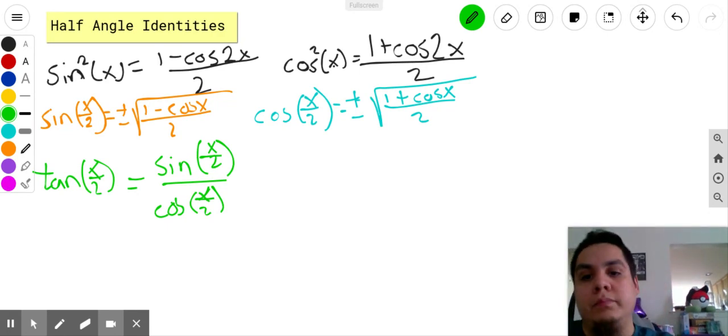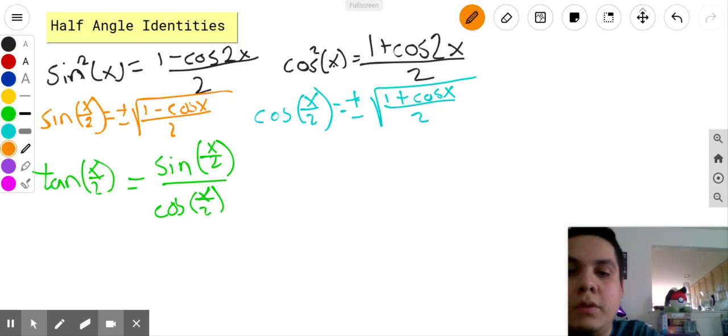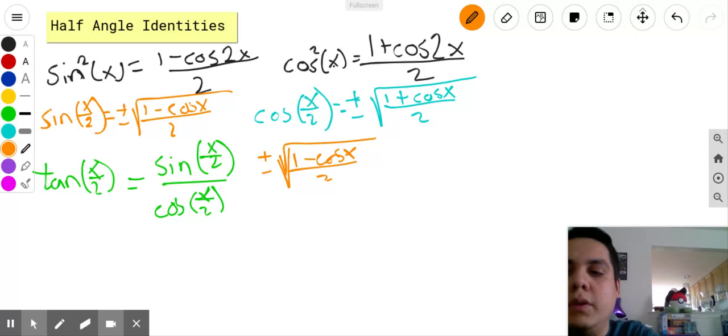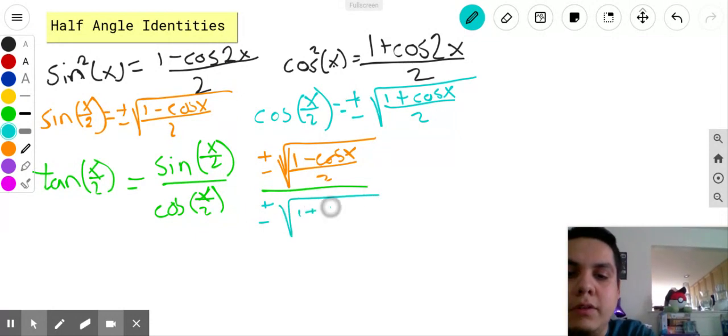Plus or minus the square root of (1 minus cosine x) divided by 2, over plus or minus the square root of (1 plus cosine x) divided by 2.